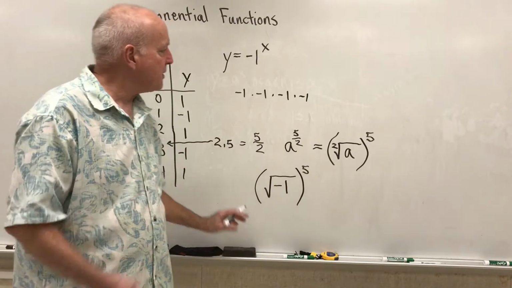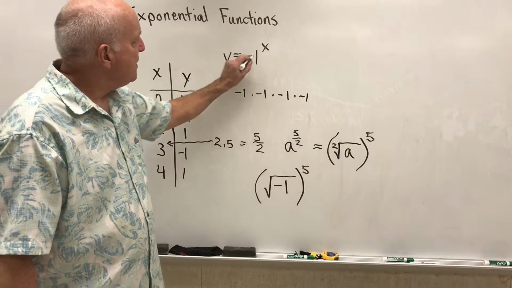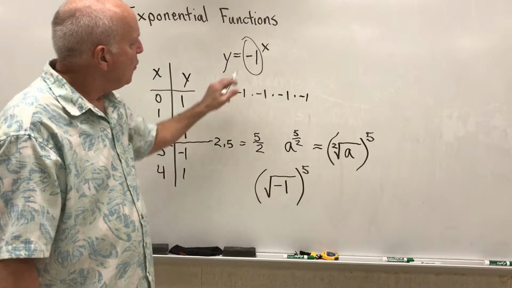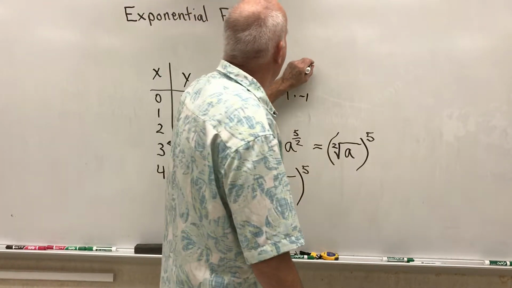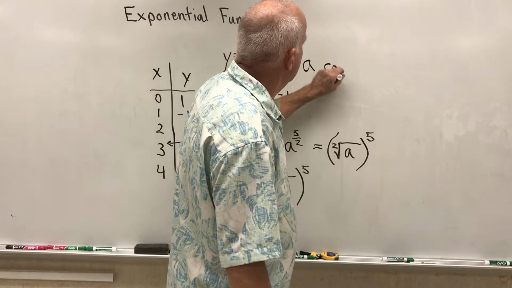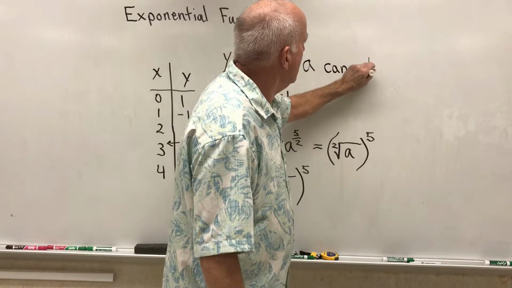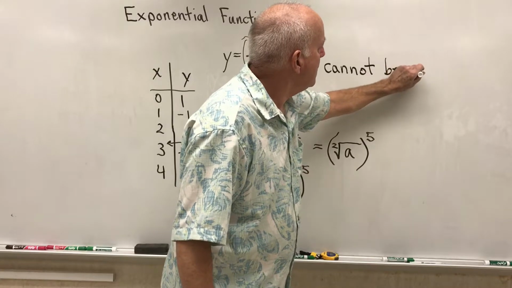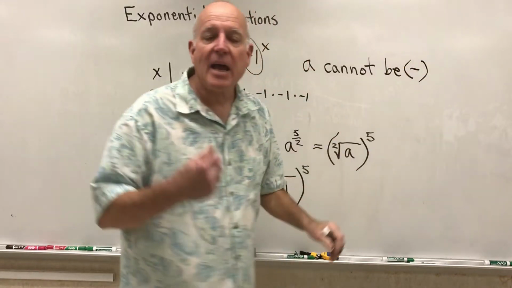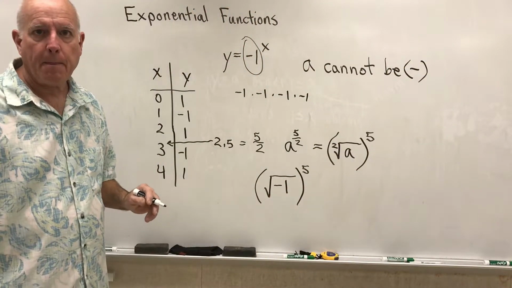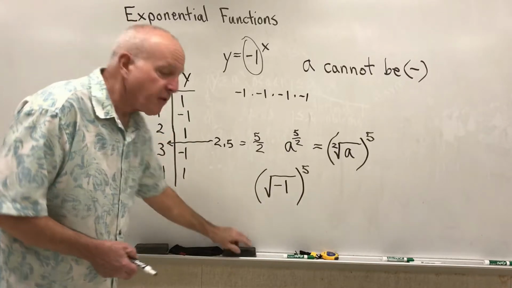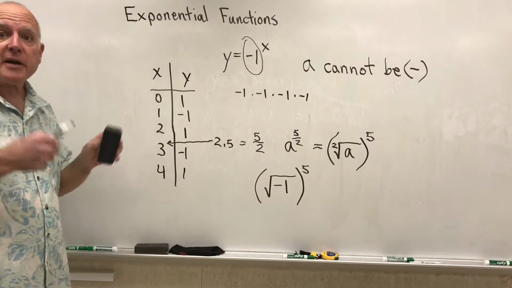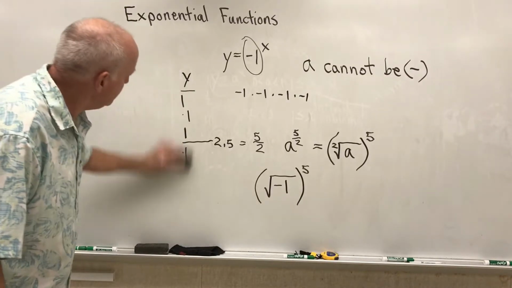When a is a negative number, it is not allowed. a can't be a negative number. So we've just plotted another point in our whole thought about exponential functions.